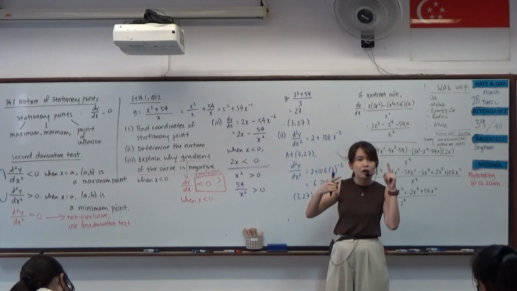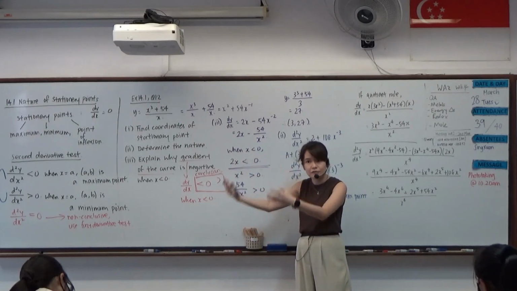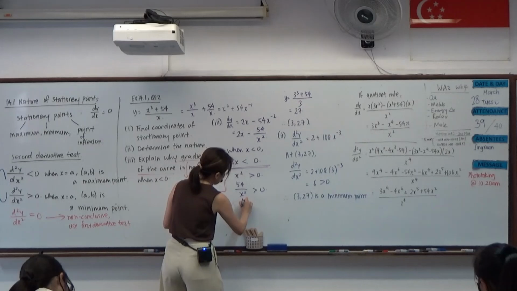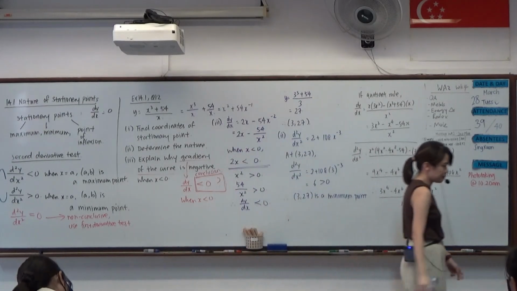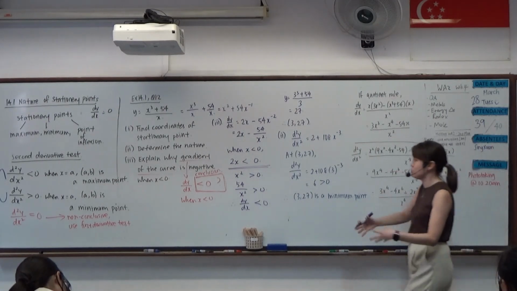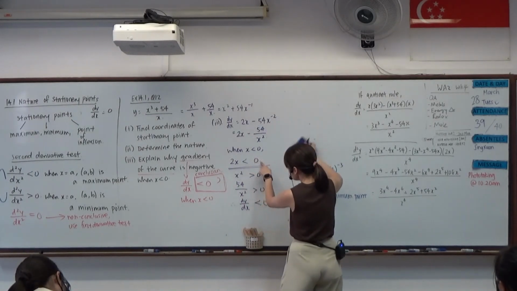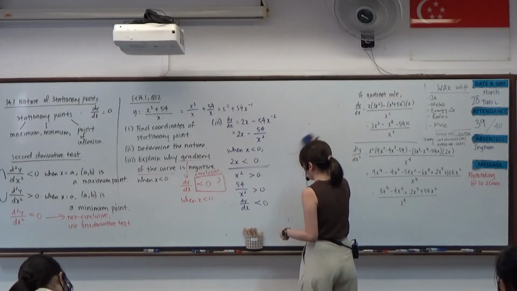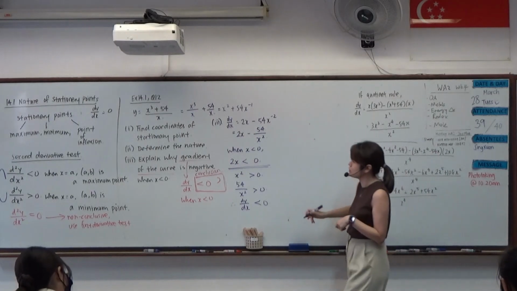Correct? It's our understanding of numbers. Negative minus something positive continues to be negative. So therefore, your dy over dx will have to be negative. No need to go about telling that long story. You just need to say that 2x is less than 0 and 54 over x squared is more than 0, and conclude that dy over dx is less than 0.